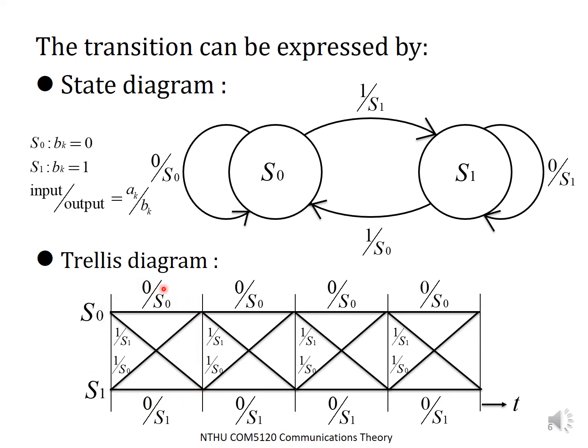So in every symbol time, there could be 2 initial states, and every initial state could have 2 possibilities of transition: no transition, or there is a transition. The trellis diagram gives all the possible paths of the signal transmission, and any sequence of the message will show up on one of the paths in the trellis diagram.